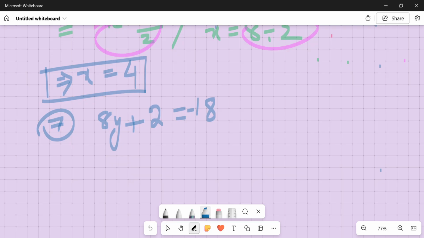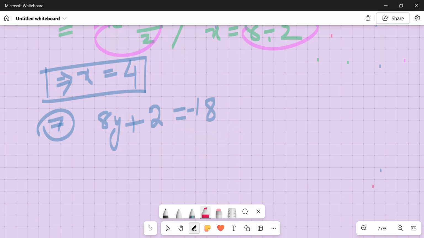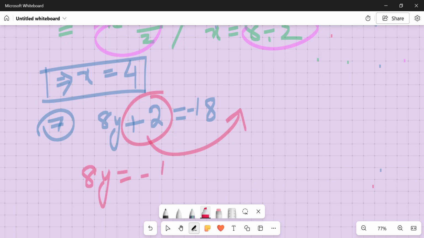If you are expert in integers, you can solve it within a minute. Let's solve this question, students. Same thing, plus 2 shifts to the right-hand side. So 8y equals minus 18 plus 2, which turns into minus 2 because we changed sides.